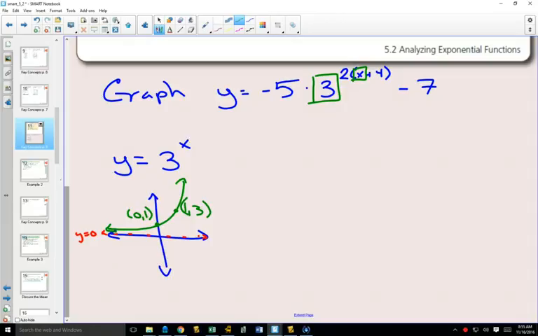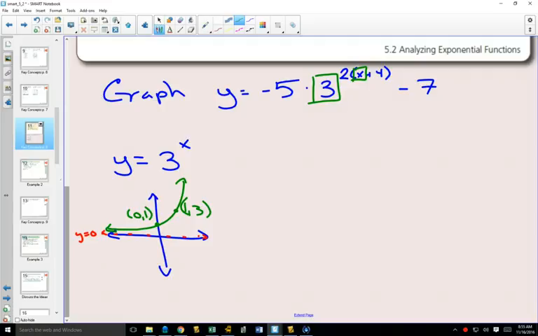So I like to box that 3 and that x off to remind myself, not only do I not include that in my transformations, the other thing that you will be tempted to do is think, oh, there's -5 times 3. What's that equal to? -15, and you'll be so tempted to write -15. But order of operations says you have to do exponents before you multiply, and there's an exponent here.